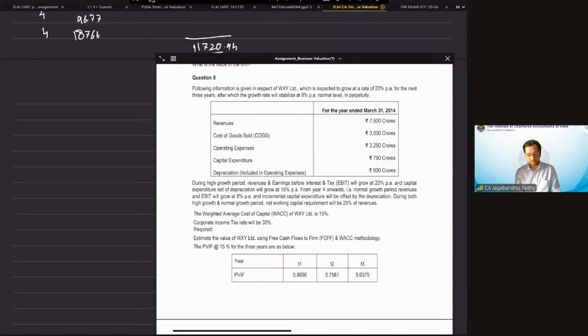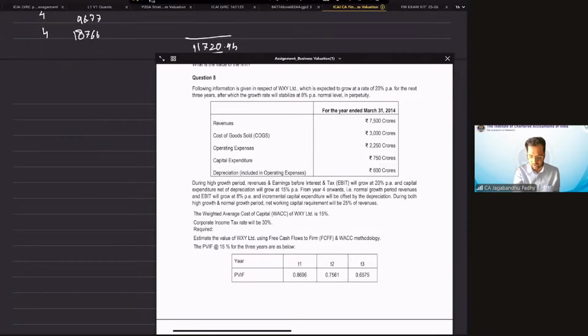During the high growth period, revenues and earnings before interest and tax will grow at 20% per annum, and capital expenditure net of depreciation will grow at 15% per annum. So net capex we're talking of, which is capex less depreciation, will grow at 15%.